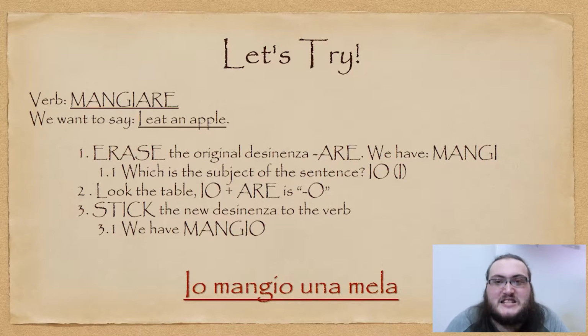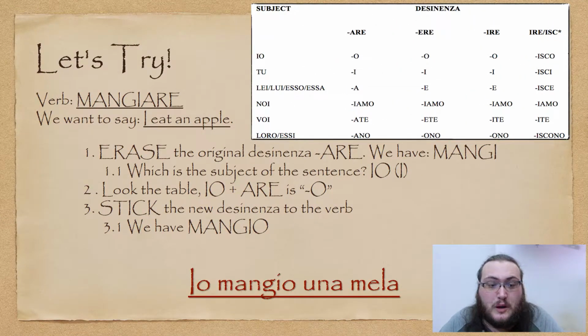You have mangi. We need to look for the new desinenza on the table, okay? Which is the subject of the sentence? It is io, I. Io mangio una mela. I eat an apple.